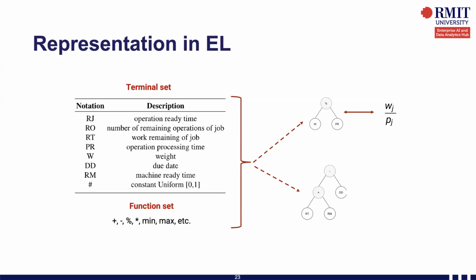For the terminals, these can be the attributes of the jobs and machines. So put them together. How can we represent it in computers? It turns out it's quite easy. You can use a tree structure to represent such an equation. The pictures here represent two very simple example equations.